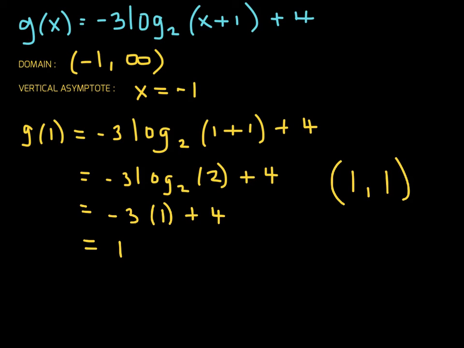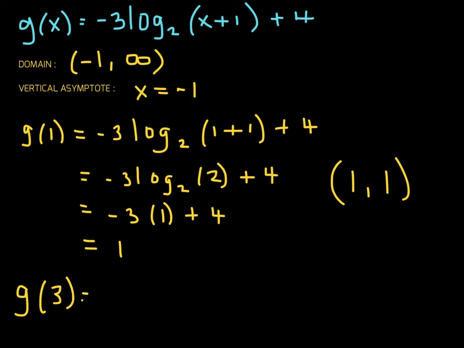Again, we want to be smart so that this argument turns out to be a power of 2. You know 4 is a power of 2. 4 is 2 squared. If I let x be 3, 3 plus 1 would be 4, and 4 is a power of 2. So I'm going to let x be 3.